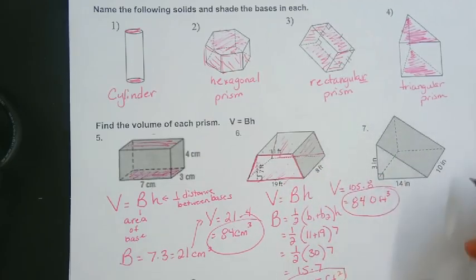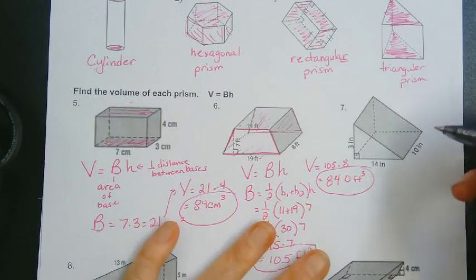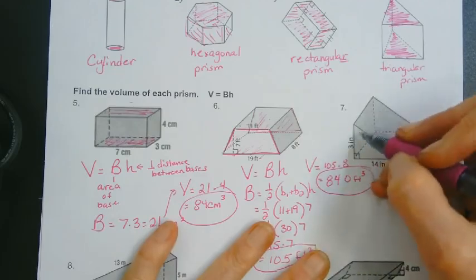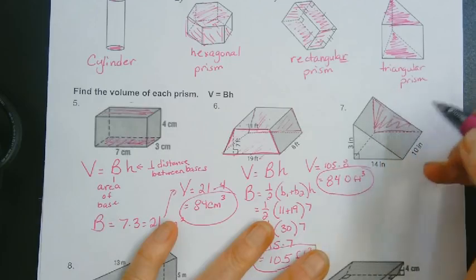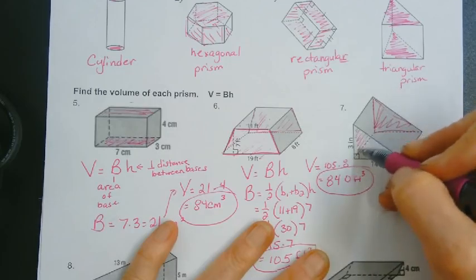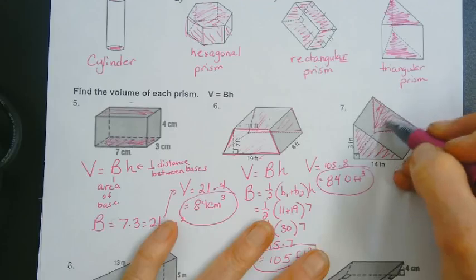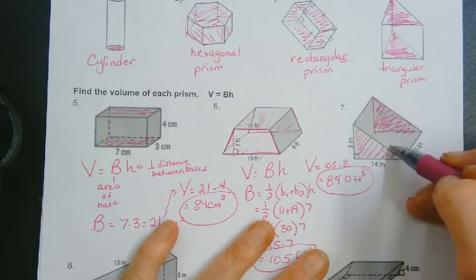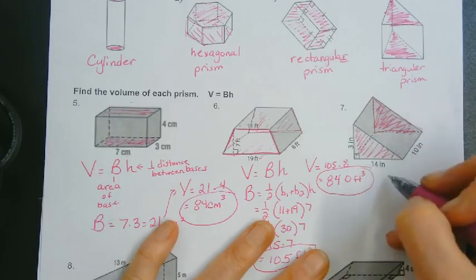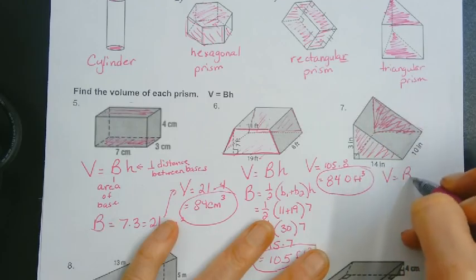Okay, number 7. The bases here are going to be these triangles. This is the front base and this is the back base. They're congruent, parallel to each other, connected by the shape of a parallelogram. Volume equals the area of the base times the height.